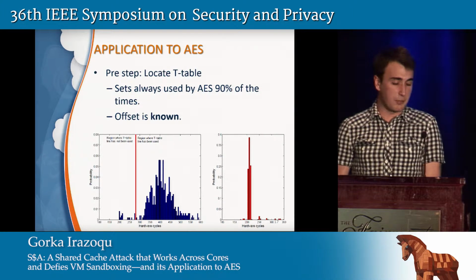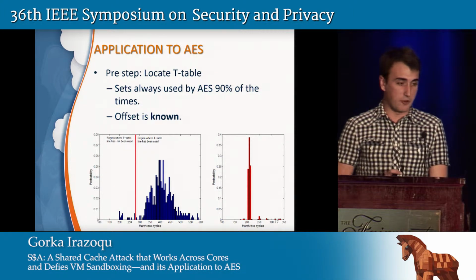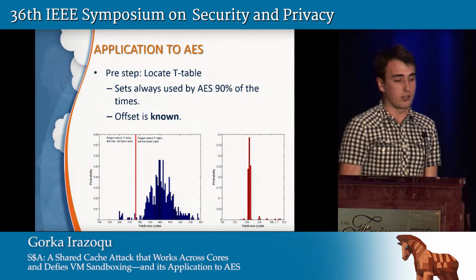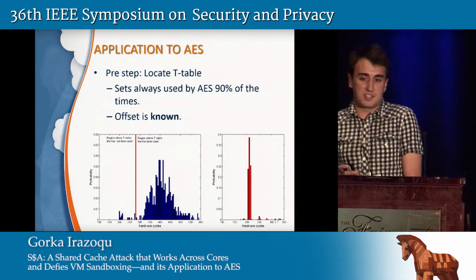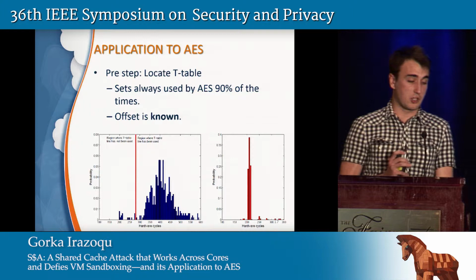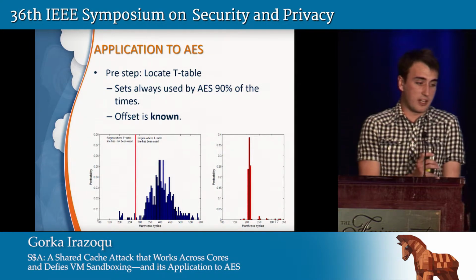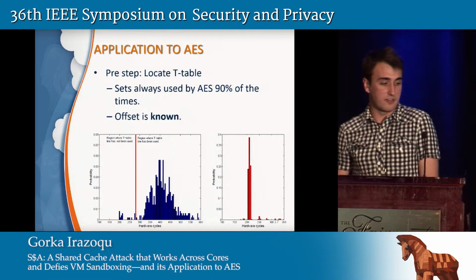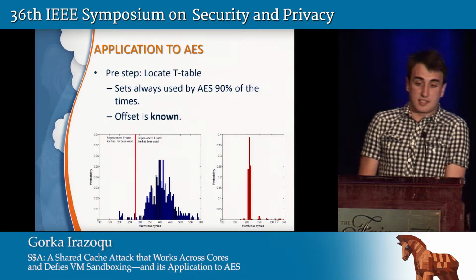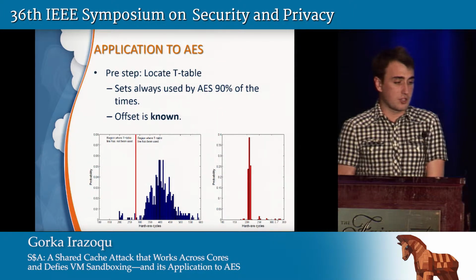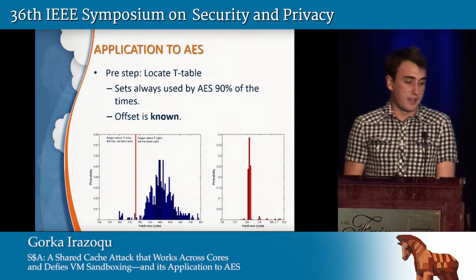However, there is a pre-step that we have to do before the attack. We have to know where the T-tables are located in the last level cache. But indeed, this is not a hard process, because we can clearly distinguish, as we see in the figures, when a set has been used by the AES encryption and when a set has not been used by the AES encryption.